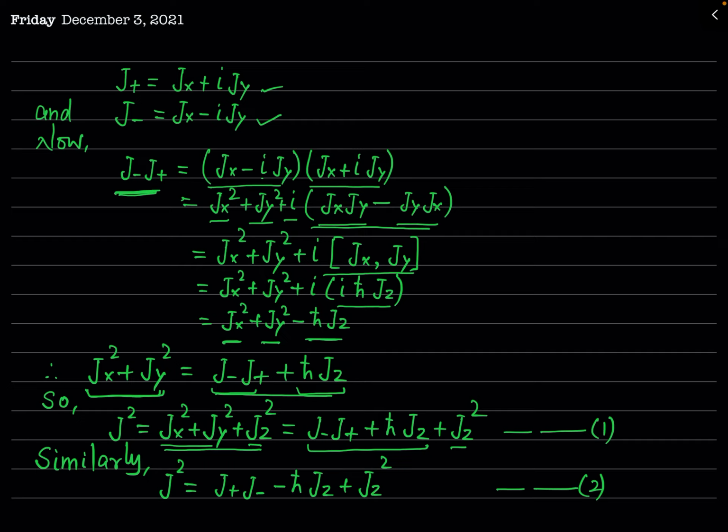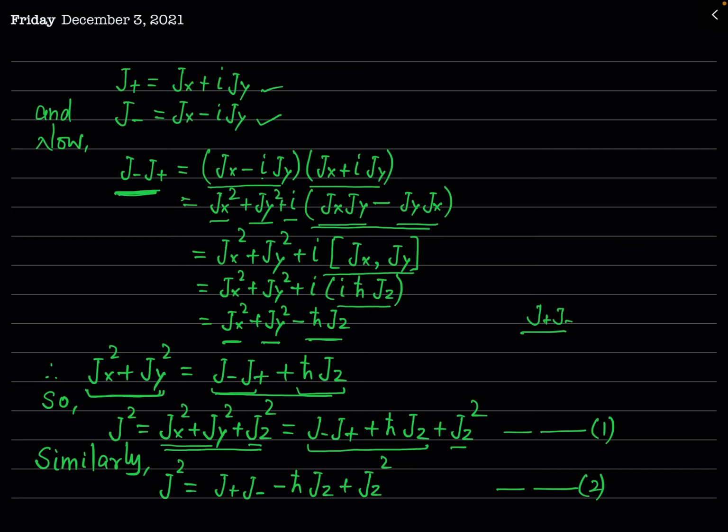In the similar manner, when we obtain the value of the operator j plus times j minus instead of this j minus j plus, then you will see that this j square will be equal to j plus j minus h bar jz plus jz square.